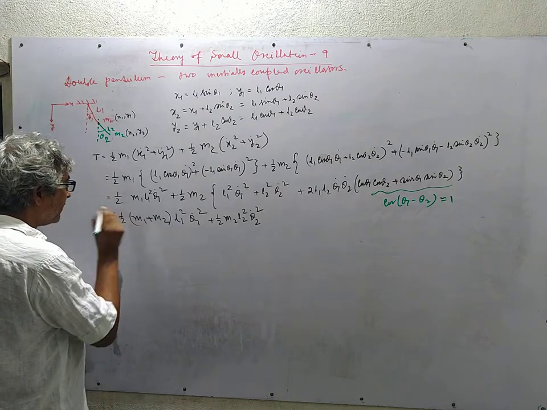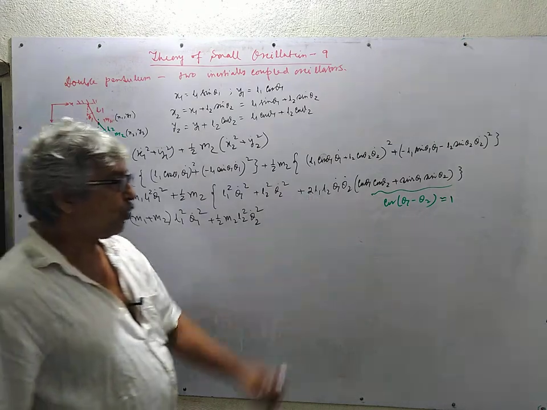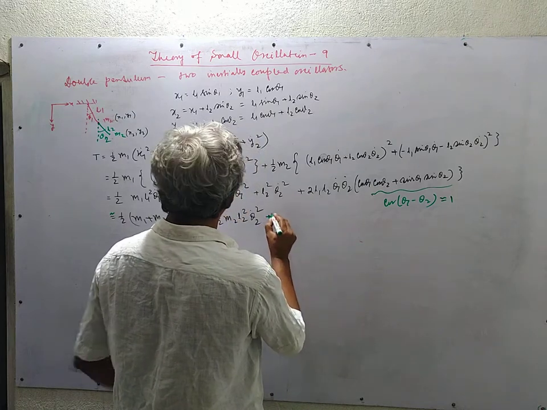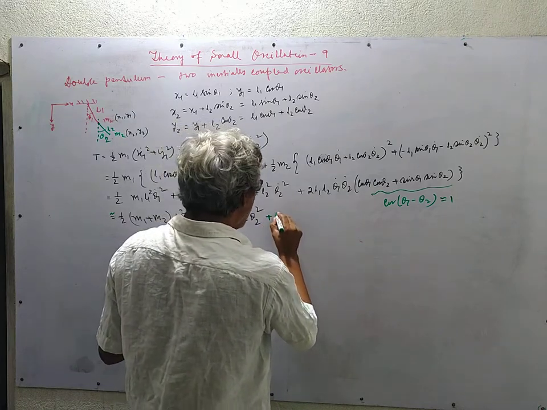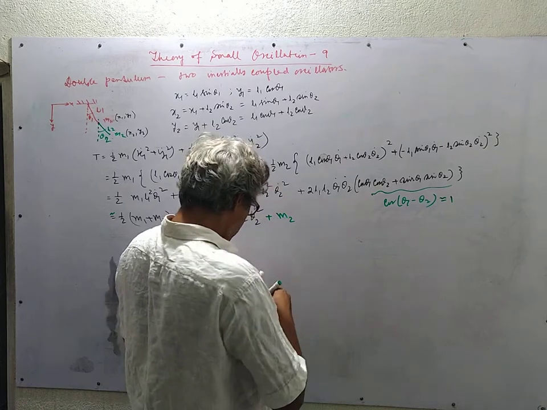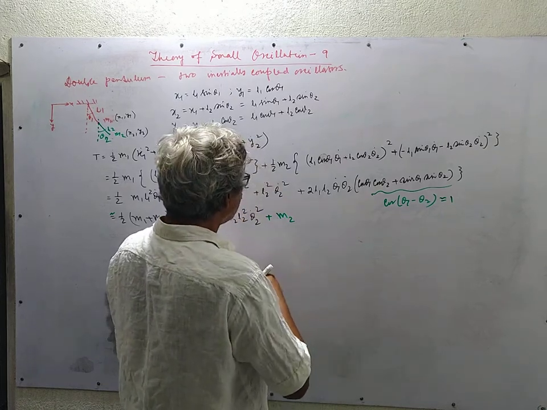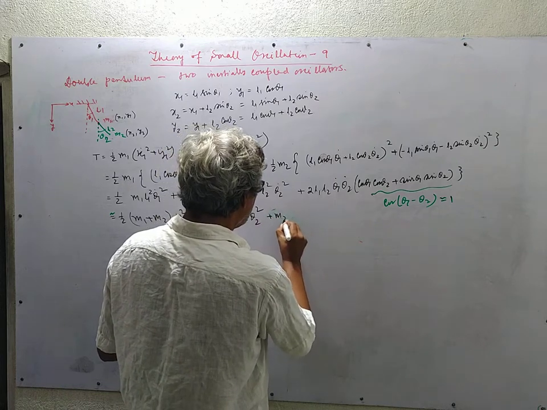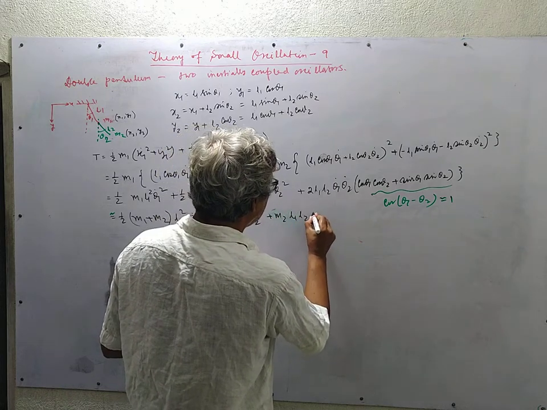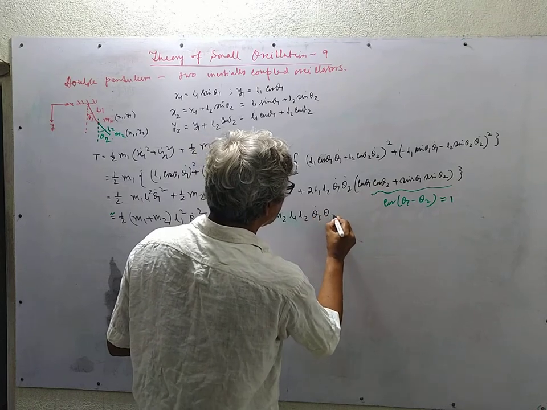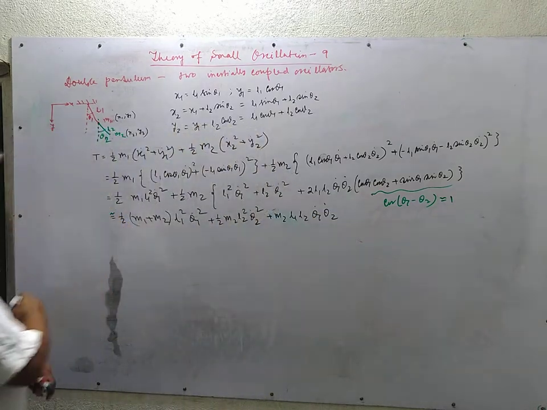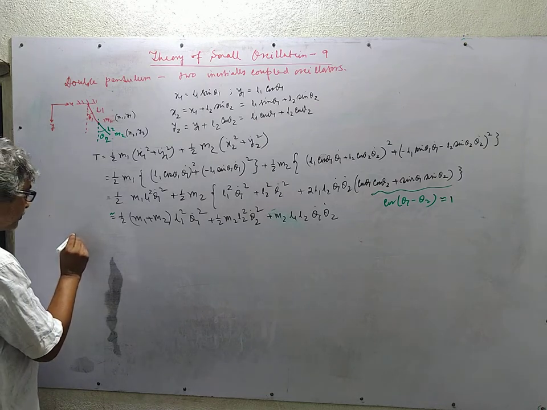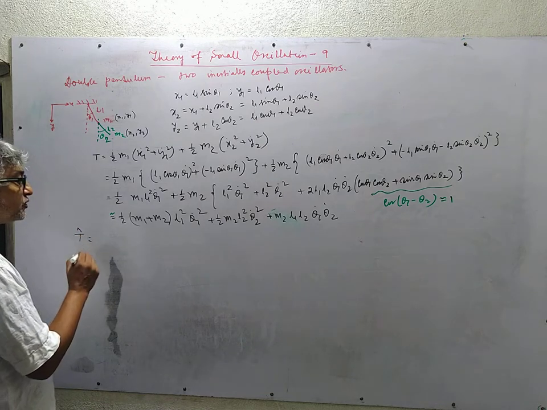So to get rid of the complication, this term is m2 L1 L2 θ1 dot θ2 dot, with an approximation.